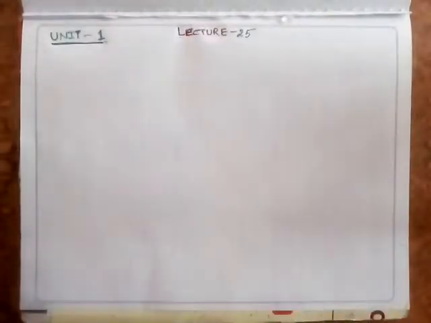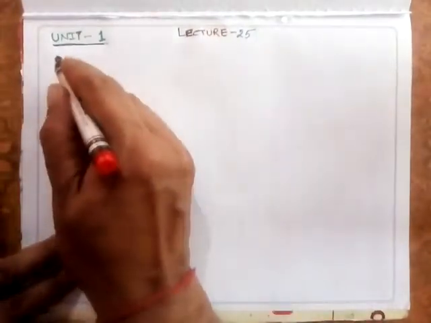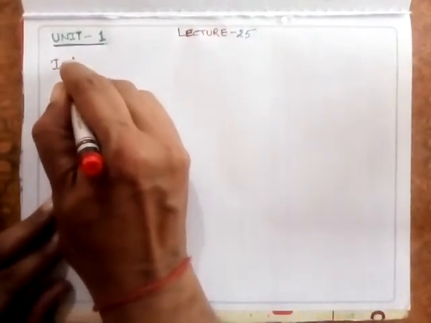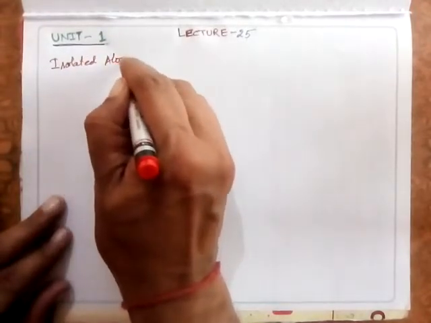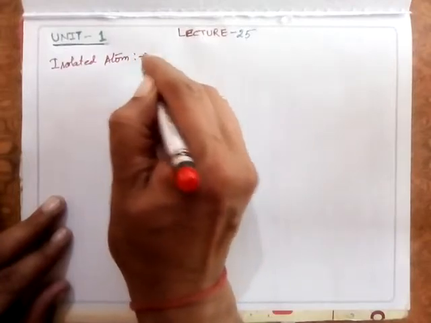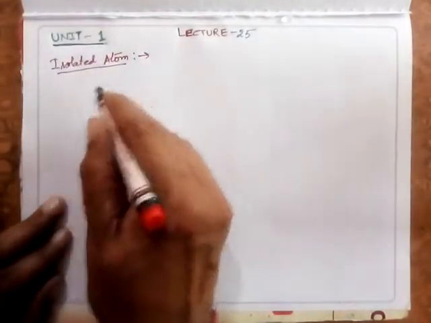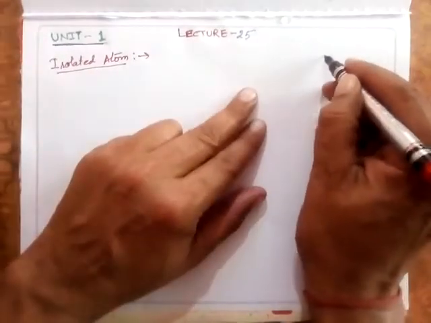Now, before I come to this energy band diagram, you must have studied about an atom, or I say an isolated atom. Now, an atom has a nucleus.